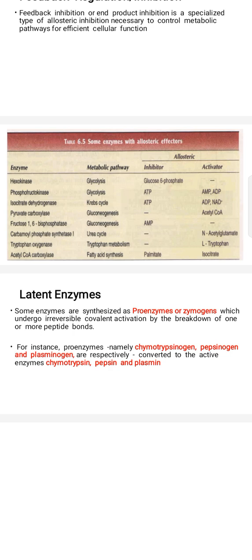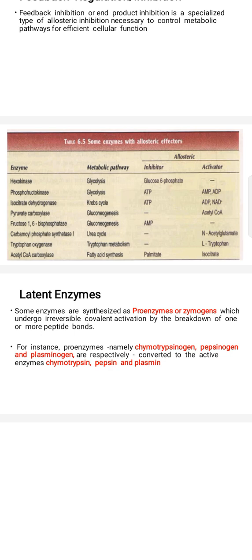AMP or ADP activate phosphofructokinase because when the cell does not have sufficient ATP, the cell will be required to produce ATP. Do you get it? So these AMP and ADP will help activate phosphofructokinase to produce more ATP.